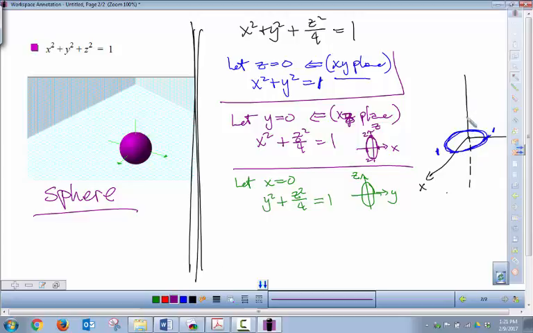My z goes up to 2 now, 1, 2, and negative 2.